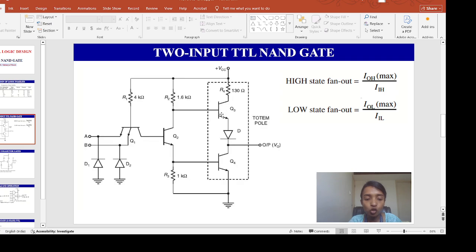That means it is sourcing a total current IOH, the high level output current, which is the sum of the IIH, the high level input currents from different TTL inputs. So if too many loads are being driven, the high state output current IOH will become large enough to cause a large voltage drop across resistor R2.